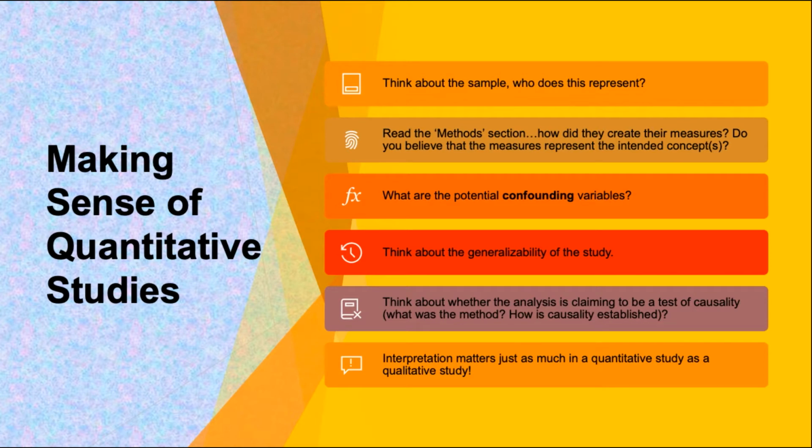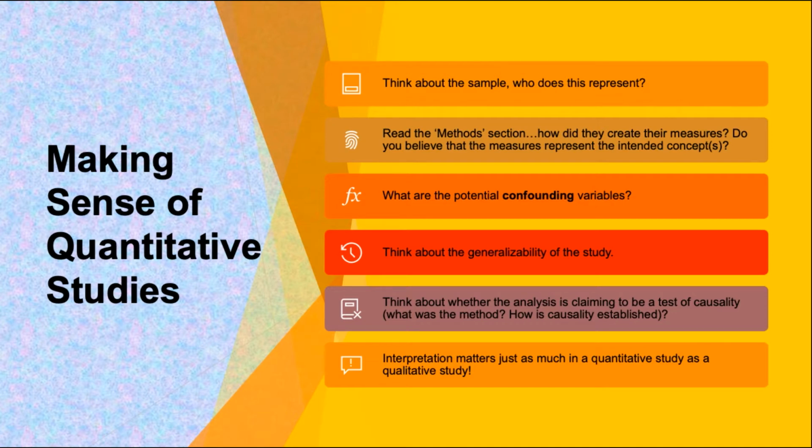So, making sense of quantitative studies, first you think about the sample size or the sample. Who does this represent? If you want to study education, maybe your sample are students, maybe teachers, maybe lecturers. Read the method section. How did they create the measures?